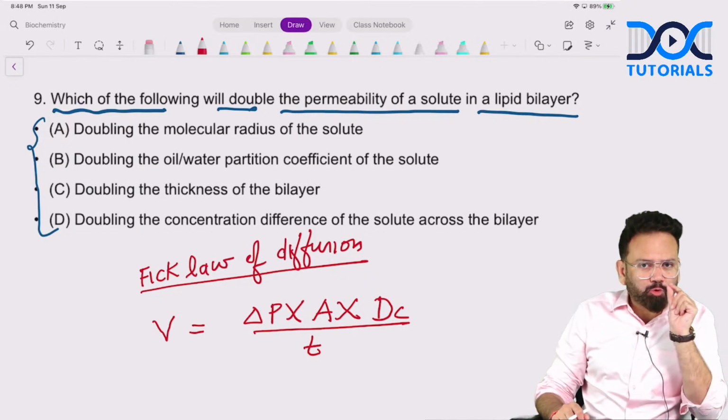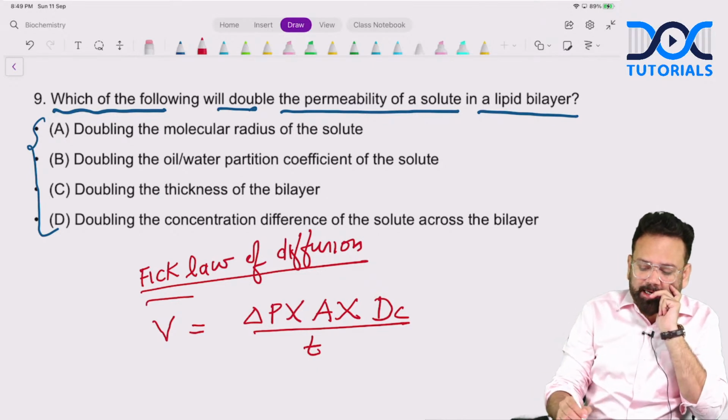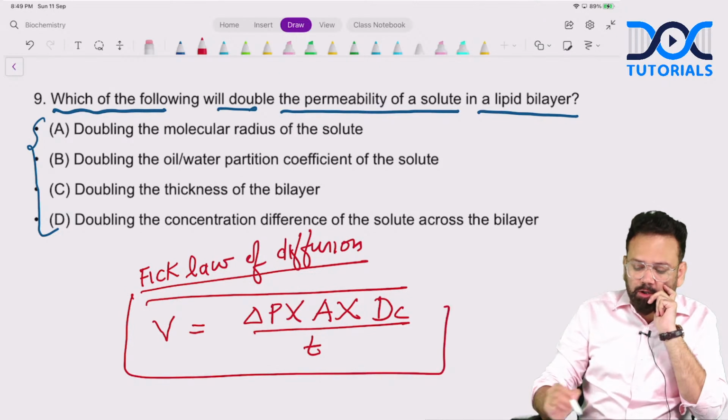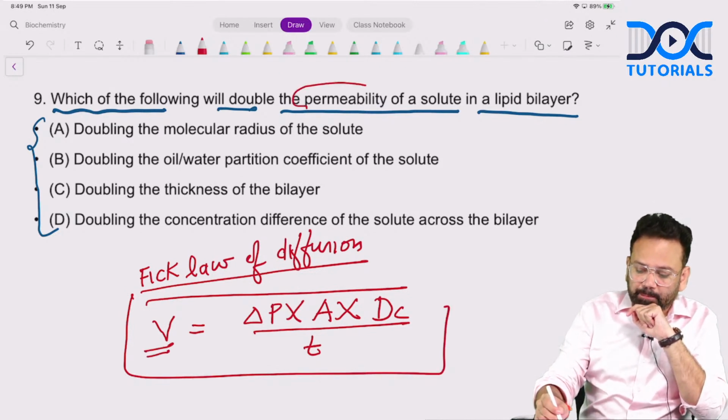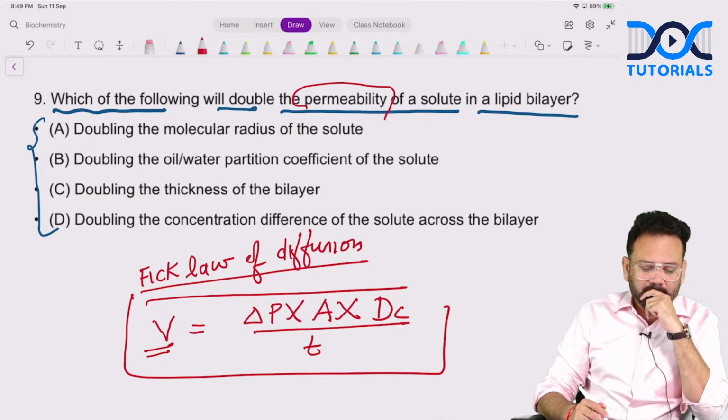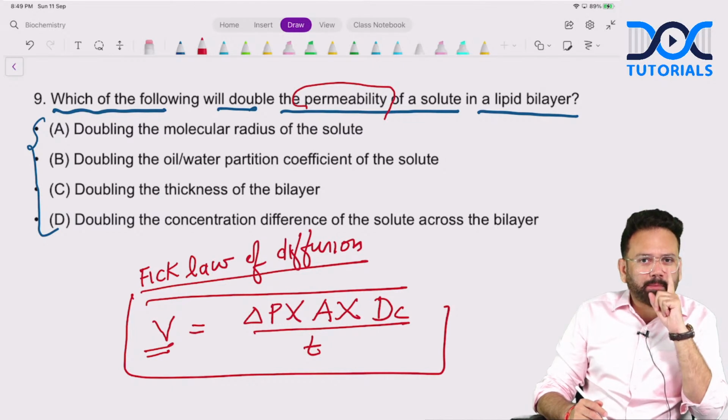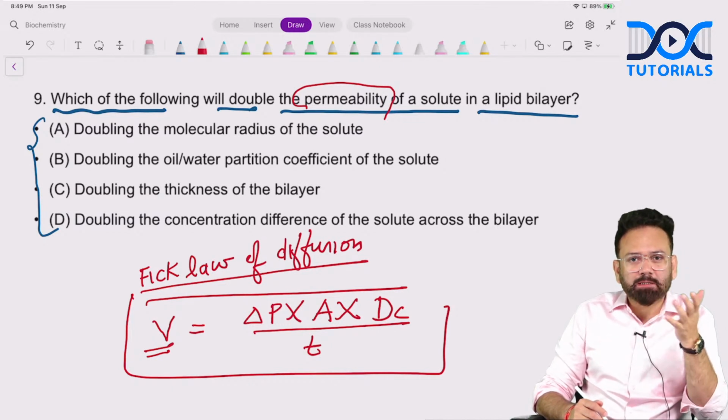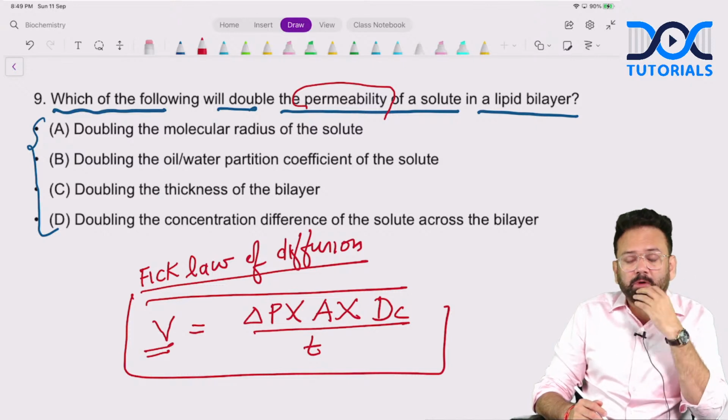This question is trying to confuse you, but if you know exactly the law, you will get it correct. The question is not asking about the rate of diffusion. The question is asking about the permeability coefficient. Nowadays, in every examination, in MBBS and PG, they are asking these types of MCQ.